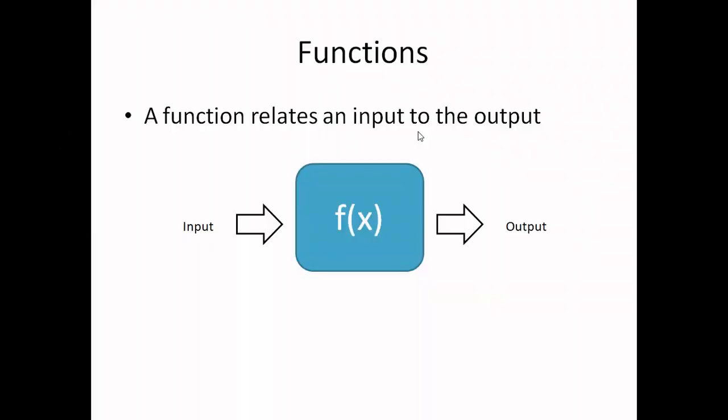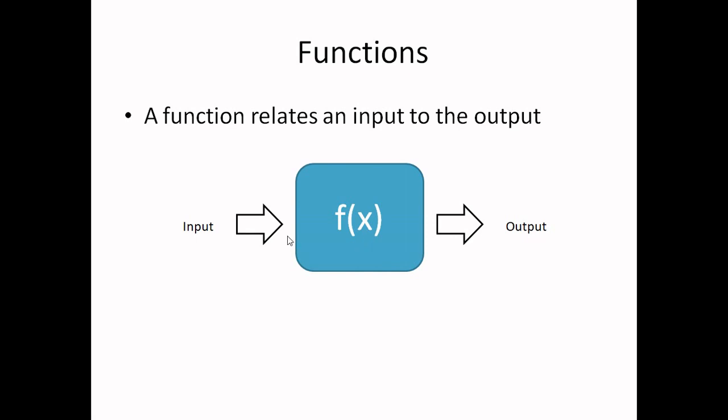I will start with the definition of a function. A function relates an input to the output. I've drawn an illustration over here. This box represents a function f of x, a function that depends on the variable x.